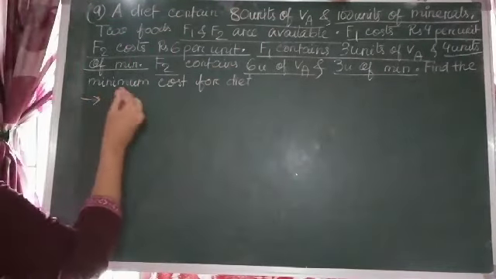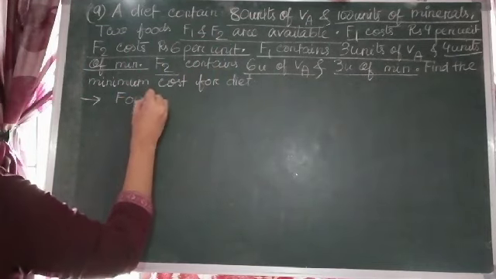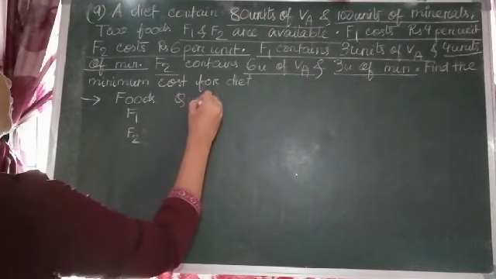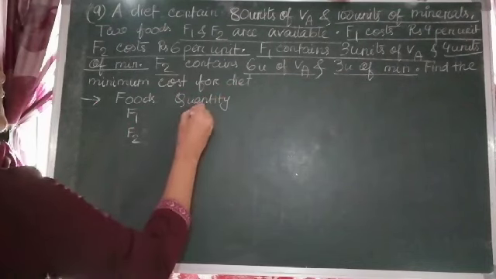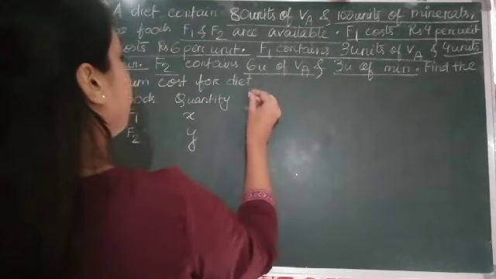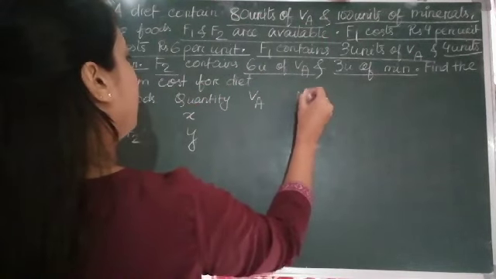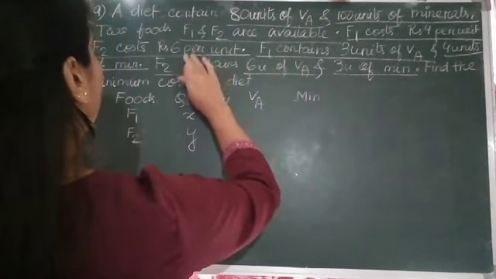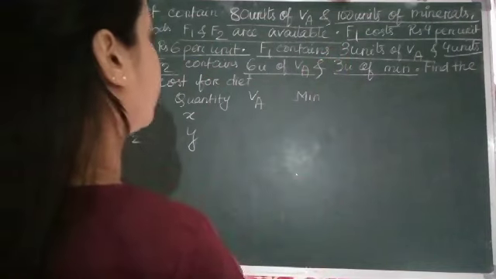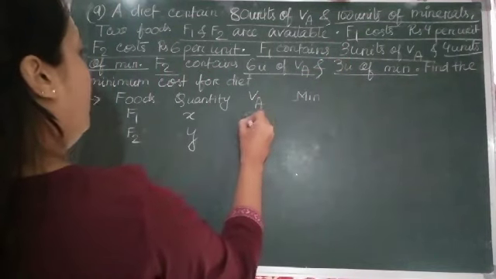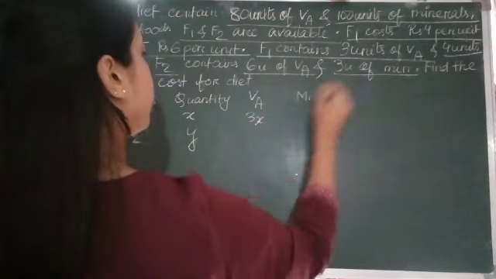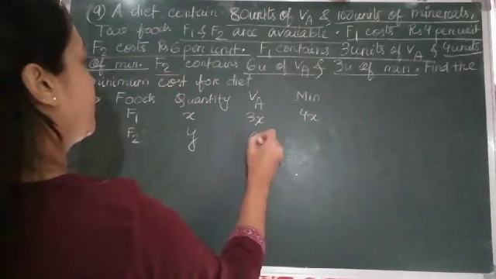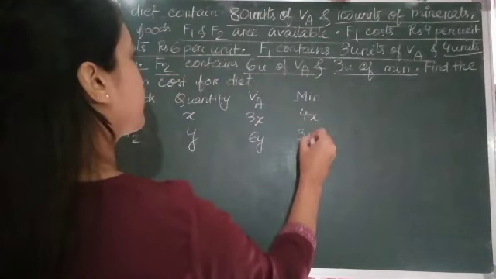So here two kinds of foods are there, F1 and F2. And the quantity of each be x and y. Next, vitamin content and mineral content is given. So vitamin content of F1 is 3 units and minerals is 4 units. And for F2, vitamin content is 6 units and mineral content is 3 units.